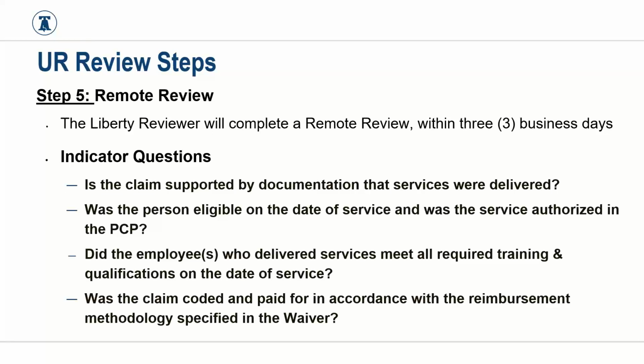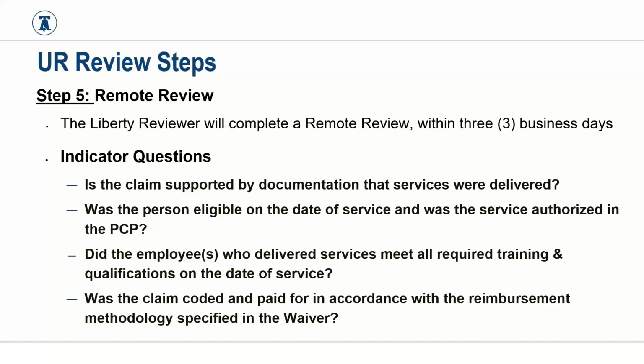So here's when we start the actual remote review. Each remote review is one random claim. That's what consists of a remote review, along with the indicator questions that are associated with that review. So we are answering these 4 questions. Is the claim supported by documentation that services were delivered?